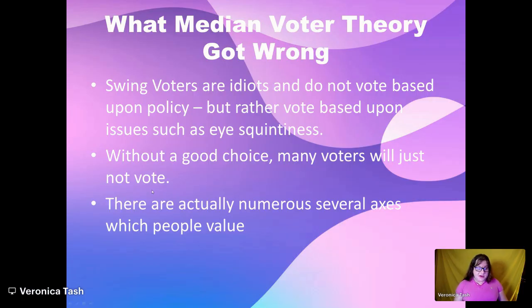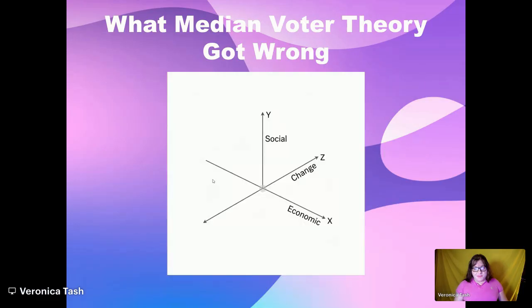And then there are actually numerous axes, I should say, which people value. It's not just the left-right axis. So let me show you here. I had Google Gemini throw this up because I need something quick, and you're not going to want me to try to draw a straight line even with a computer.